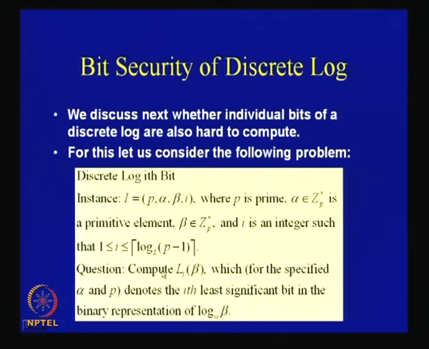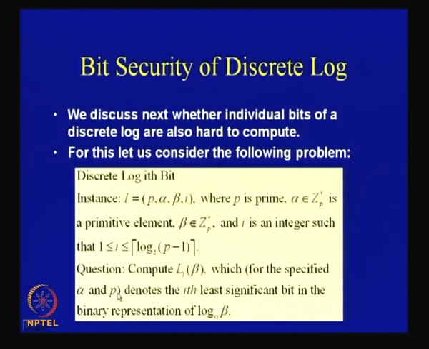The problem that we are considering right now, which we refer to as the discrete log ith bit problem, is to compute Li of beta, where beta is equal to alpha power of a. The problem is to compute the value of the ith least significant bit in the binary representation of log beta base alpha.